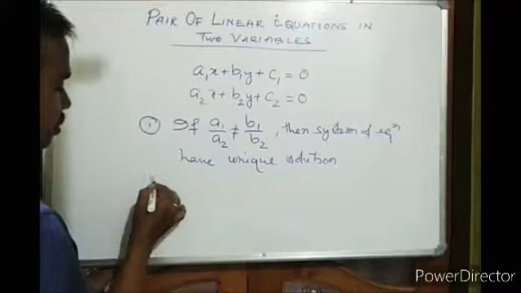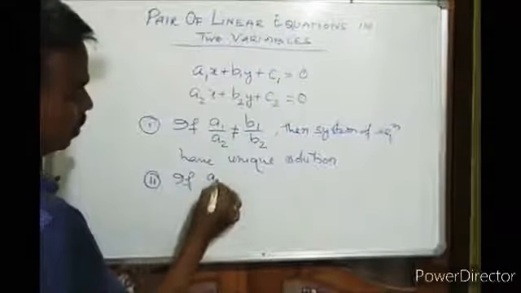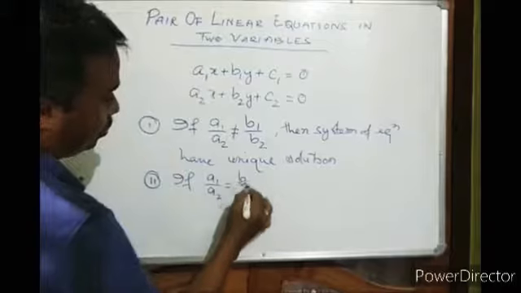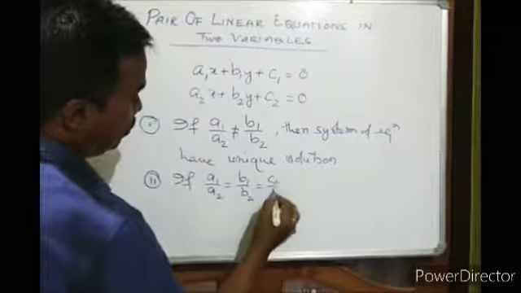Now, the second condition is if a1 by a2 is equal to b1 by b2 is equal to c1 by c2.